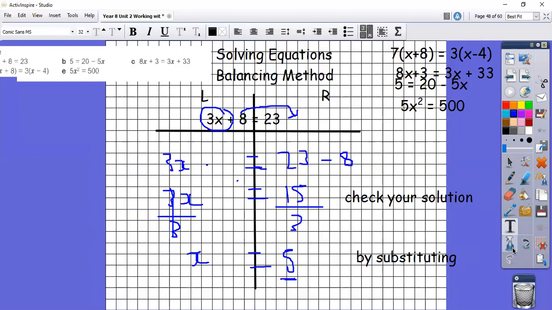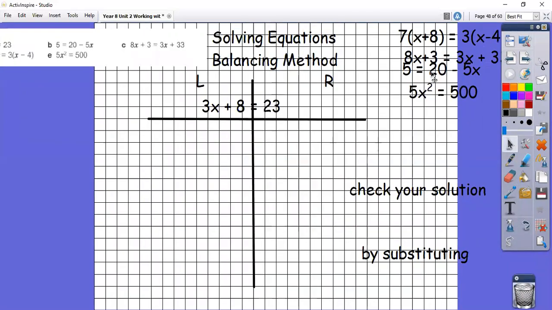Okay, we'll now do a second question. So B, it says 5. Let me move this out of the way. So this one, second question. 5 is the same as 20 minus 5x.